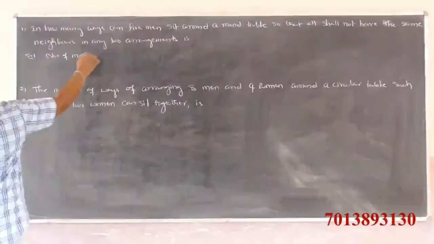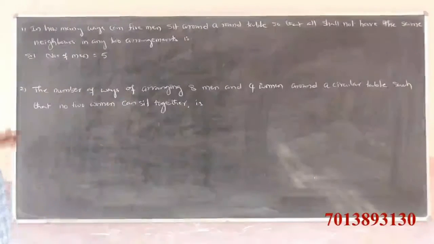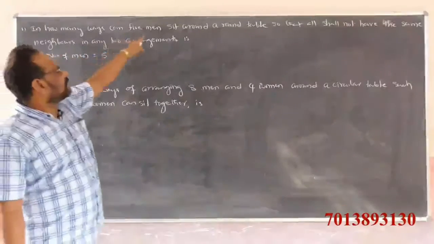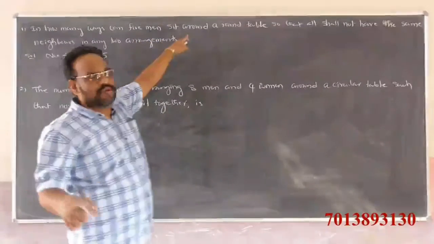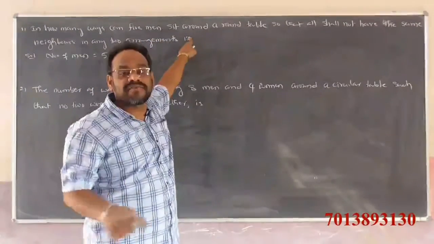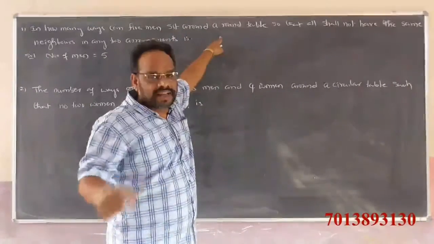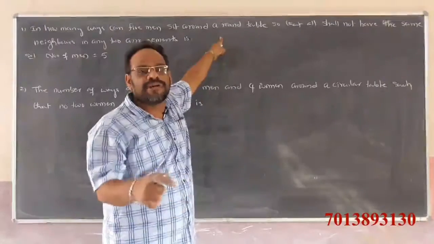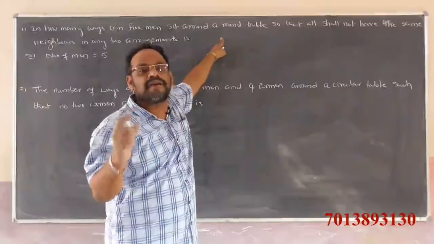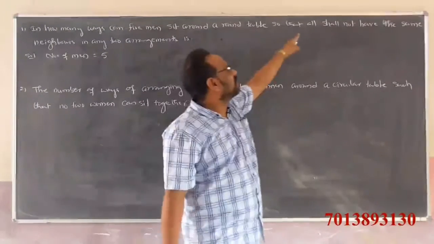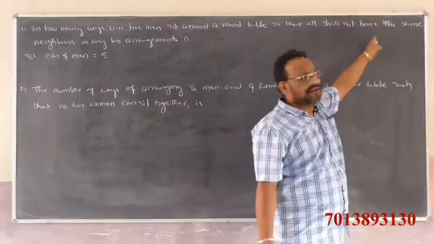Number of men is equal to 5. Sit around a round table means we want the number of circular permutations.